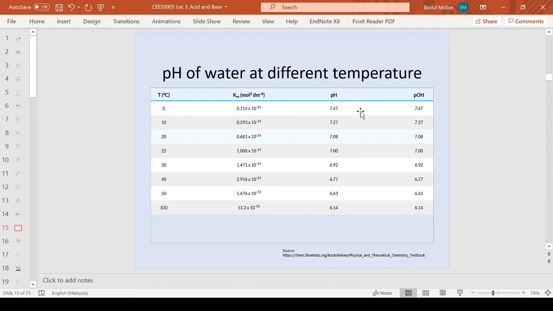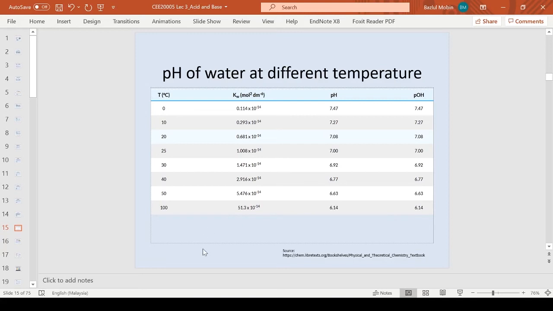So at 0 degrees you see that it is not 14, and at 100 degrees you see it is not 14. That means at 100 degrees the new neutrality of water is pH 6.14, and at 0 degrees the neutrality of water is pH 7.47. So when it increases to 50 or 55 degrees centigrade, we see that it is 6.63.